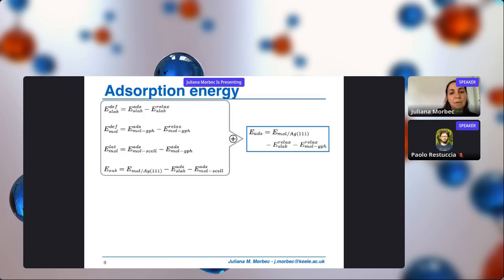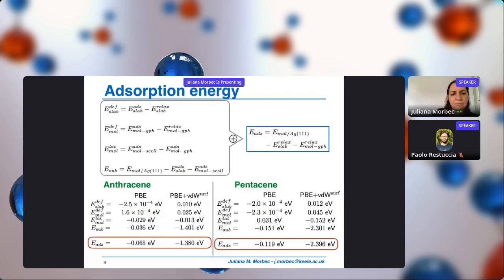And you can also split the energy and consider different parts. What you observe here is that the binding energy comes from the deformation of the slab, because when the molecule sits on the slab there is deformation of the molecule, the interaction between molecule and slab, and the interaction between molecule and molecule.